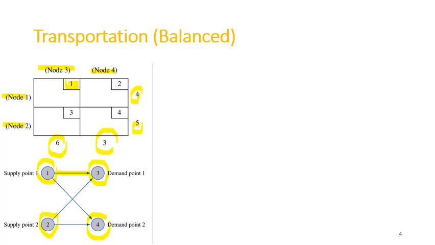So supply point 1 can supply node 3, and supply point 1 can also supply node 4. Of course there's no arc going out from the demand points, because in the transportation problem, the demand points just need some units to be sent into them, but they are not sending out anything.